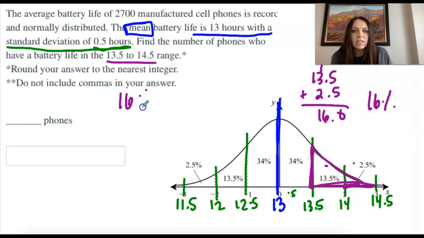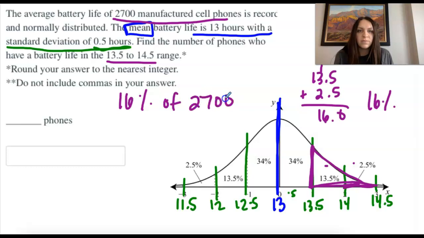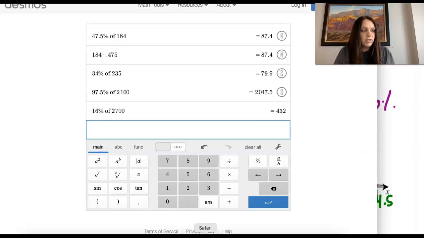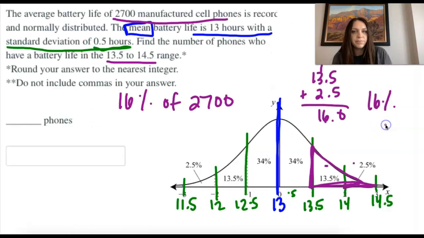So I want 16% of how many I have, and we have 2,700. So now it's just calculate. 16% of 2,700 is 432. So that's what you would type in. 432 phones are in that range.